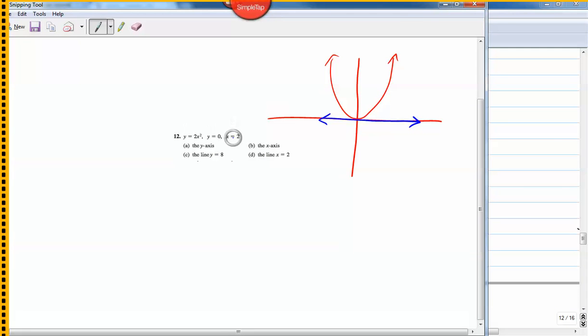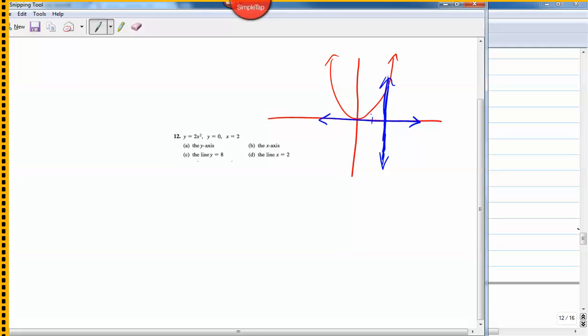And x equals 2: so 1, 2. This line right here is x equals 2.